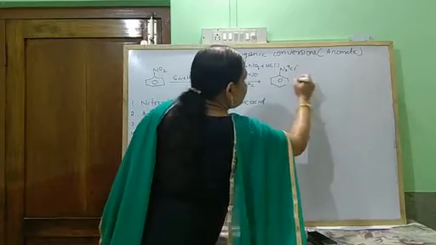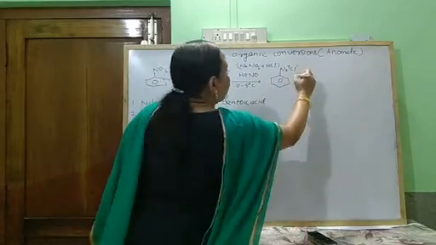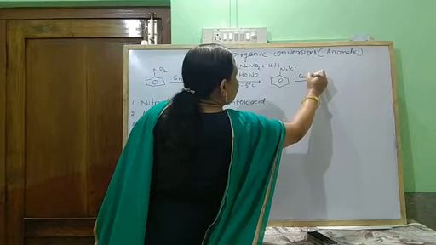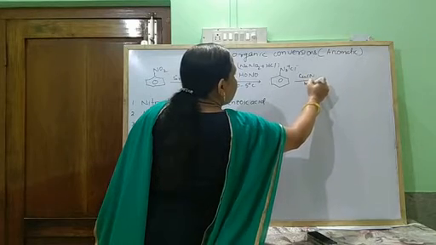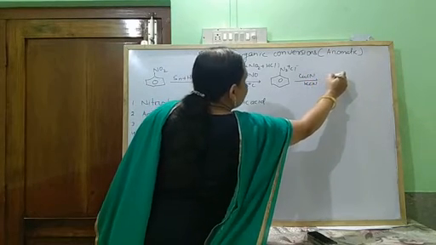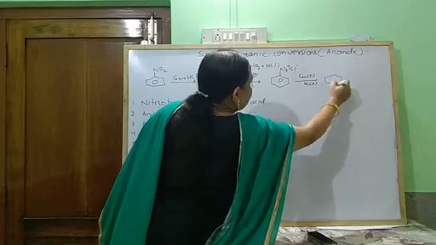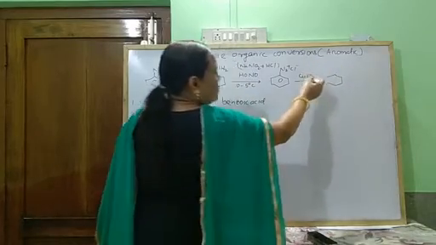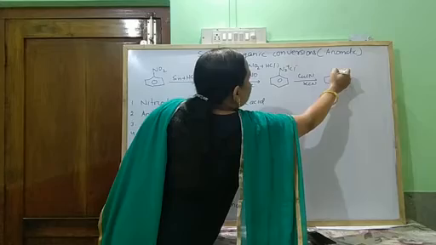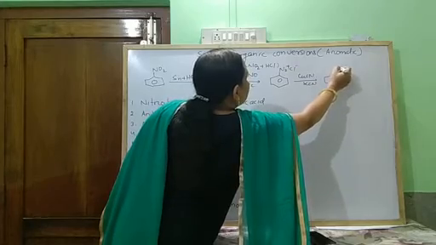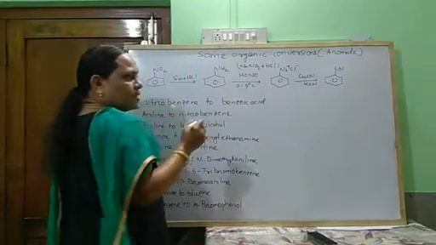And when this benzene diazonium chloride is treated with copper cyanide in presence of potassium cyanide, this is the Sandmeyer reaction. It forms cyanobenzene.